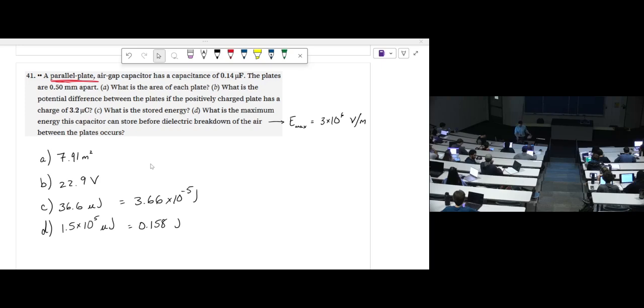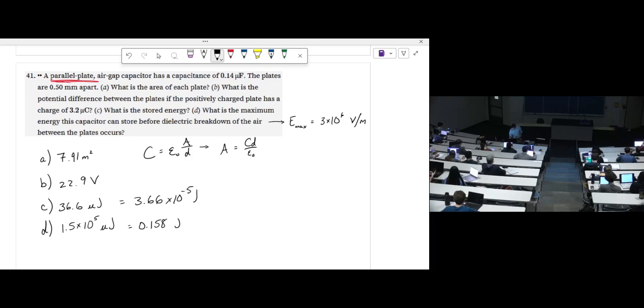Let's see. For the first part here, yes, what you should have had was capacitance is equal to epsilon naught A over D. So that gives us A is equal to C times D over epsilon naught, I believe.